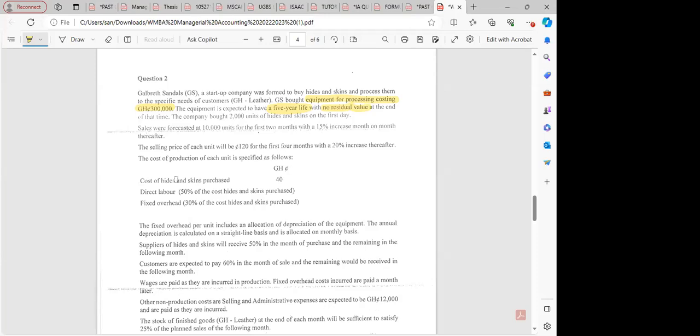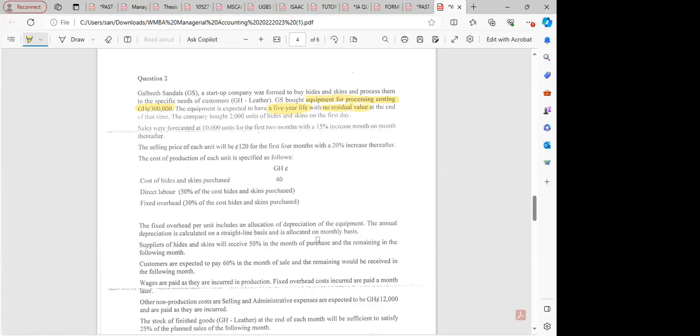They are giving you information to work out depreciation using the straight line method. Okay, so we know what to do with depreciation. I'll pick it again.